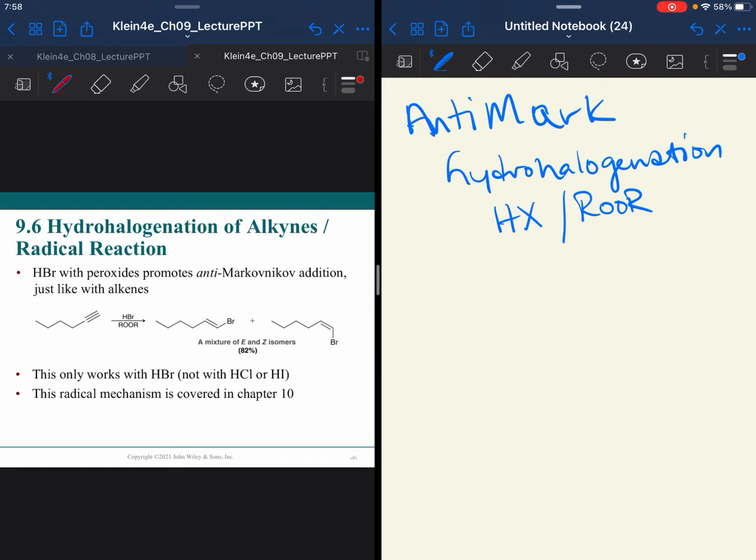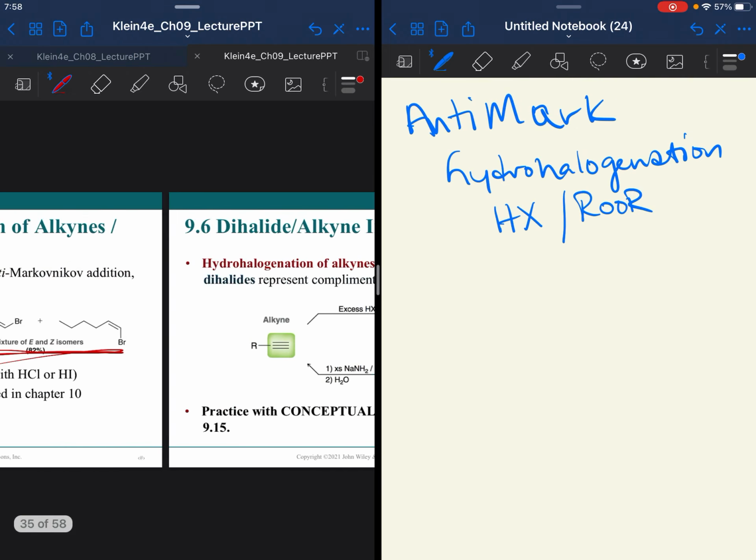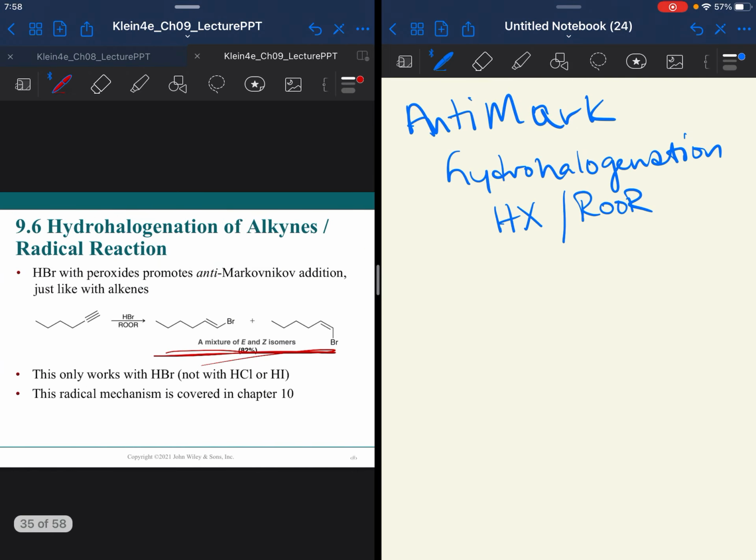Not two separate steps. They go together. We would need our peroxides. We're not going to worry about the E and Z isomers. You get a mixture of both. If you only use one equivalent of HX, you will only add one halogen to the alkyne.